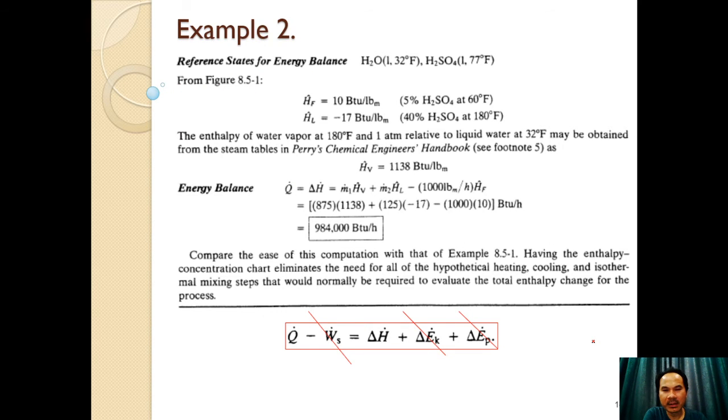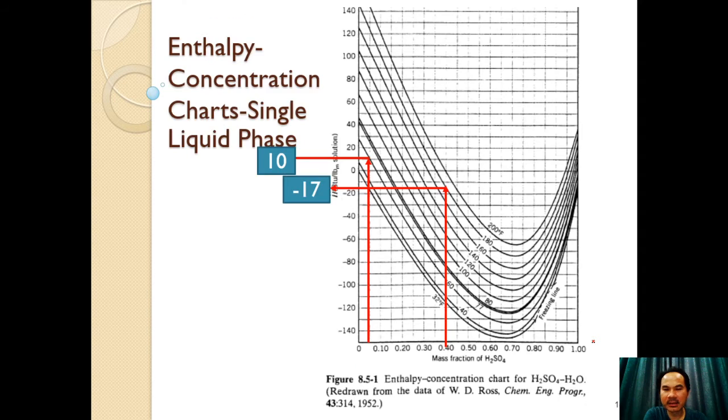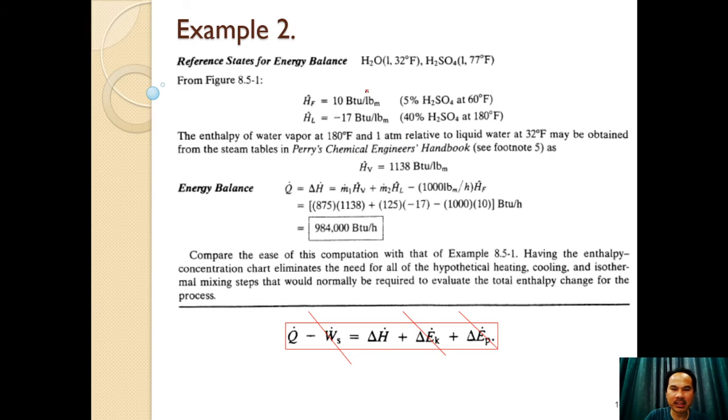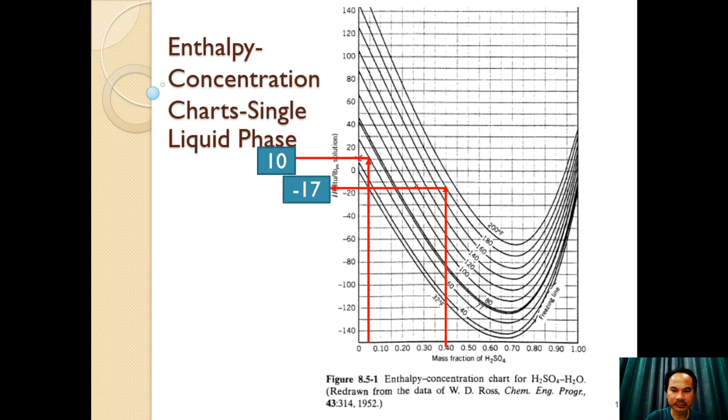For the feed, we feed at 5% and 60 Fahrenheit. This 5% is about 0.05, and the temperature is 60. And then you can read the enthalpy is about 10 BTU per pound mass. And how about the liquid phase? The liquid phase at 40%, the output sulfuric acid at 180.